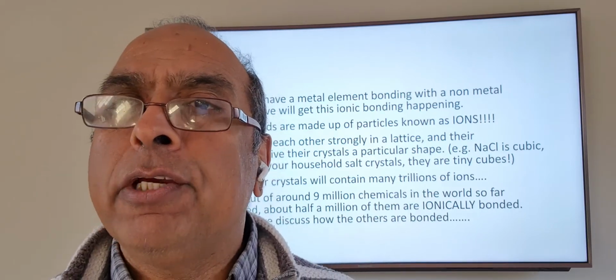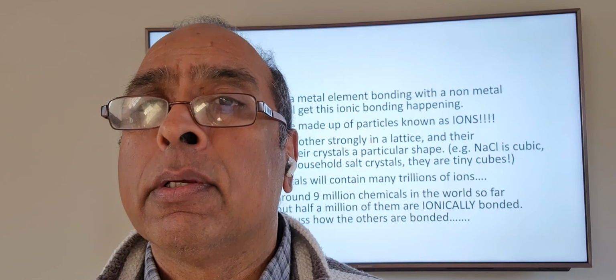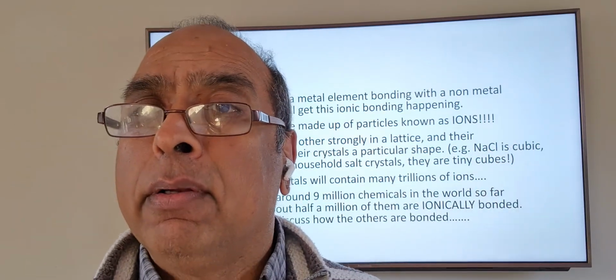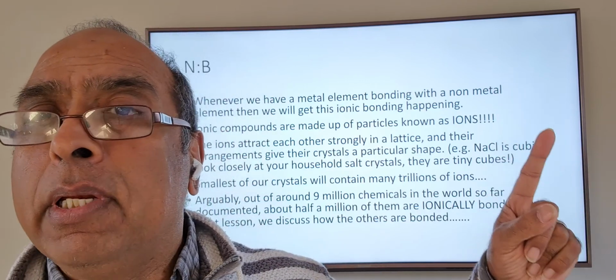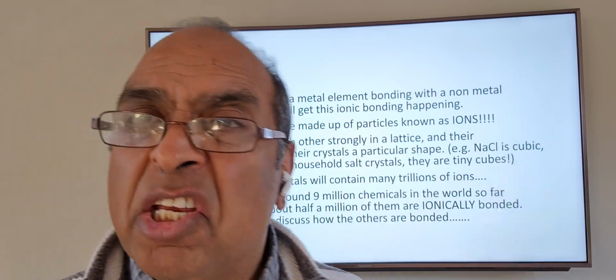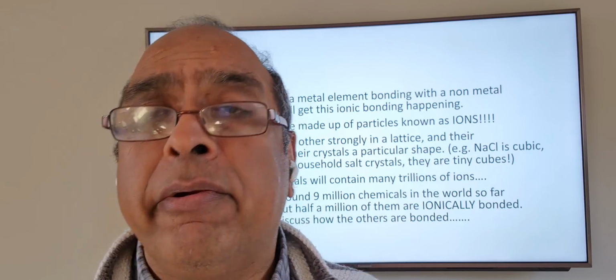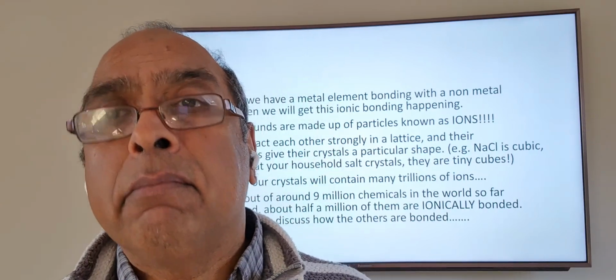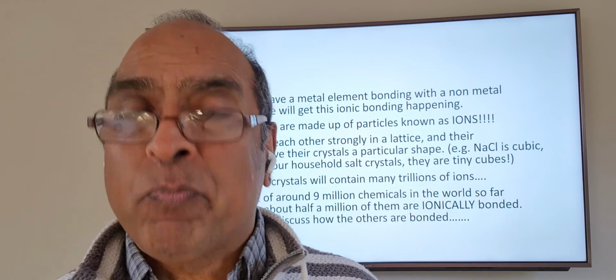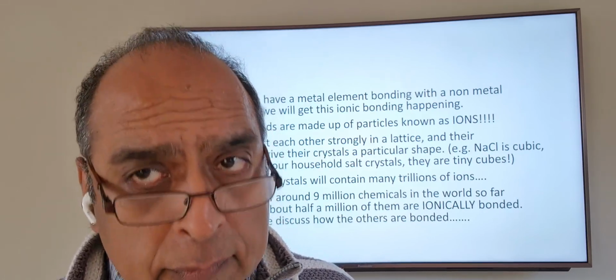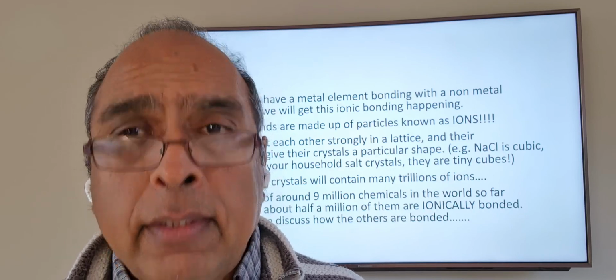The majority of compounds in our world are covalently bonded, not ionic bonding. But don't get me wrong, 500,000 chemicals ionically bonded is a shed load of chemicals, and many important chemicals you'll come across in your everyday life and exams, etc. This is one of the major types of bonding. Learn it, understand it. See you next time.